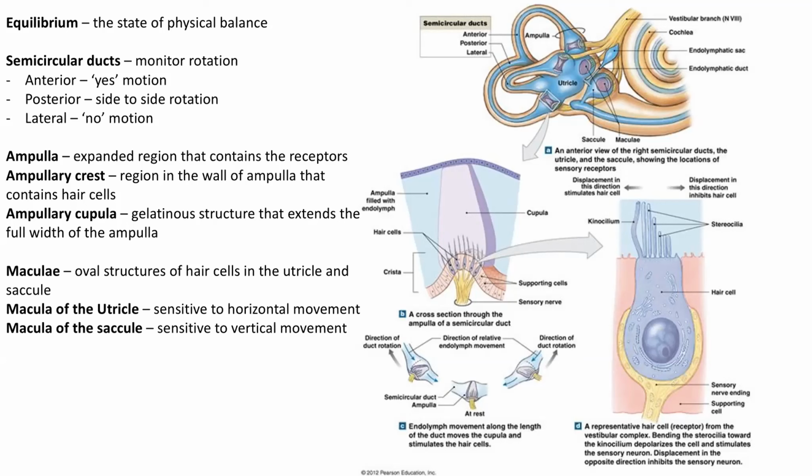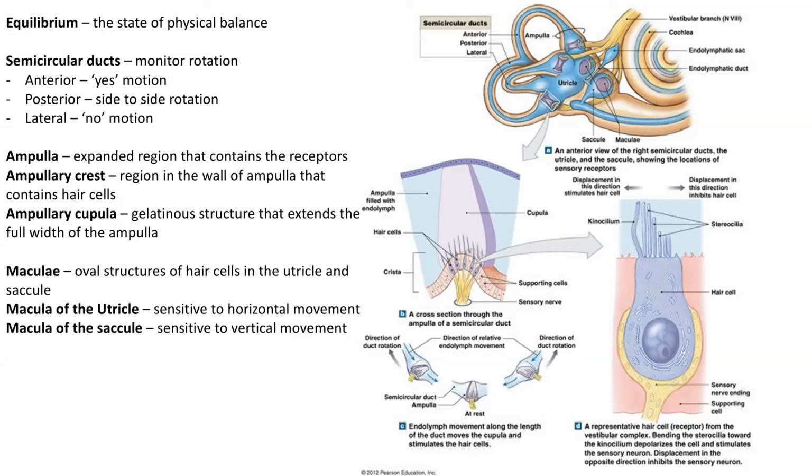And then the posterior one is when we do lateral flexion. Usually I think of a dog who looks at you and doesn't know what you're doing and gives you a questioning look. It tilts its head to the side. So that's what the posterior canal monitors there.